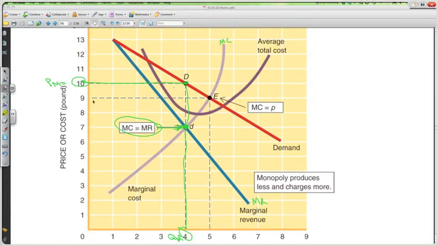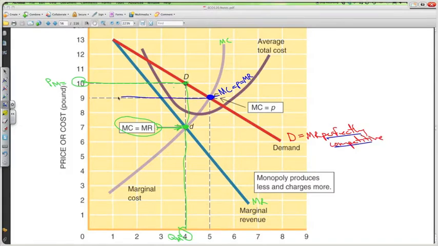But if we were to look at the market for a perfectly competitive market, demand is equal to marginal revenue when it's perfectly competitive. So here, at this point, remember we find where marginal cost equals price, because price equals marginal revenue for our perfectly competitive market.